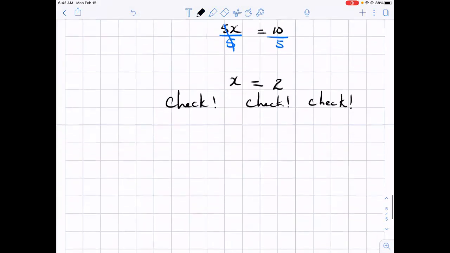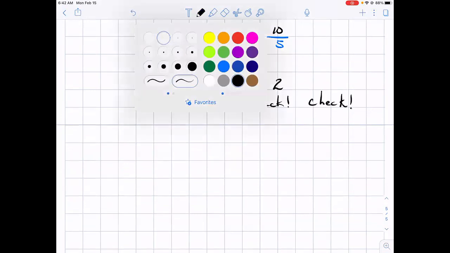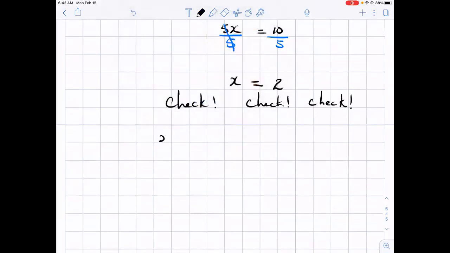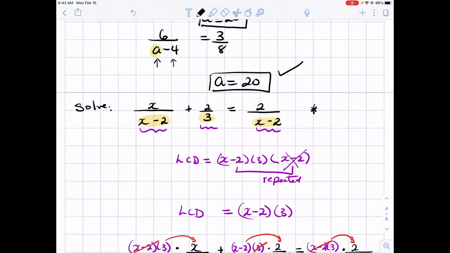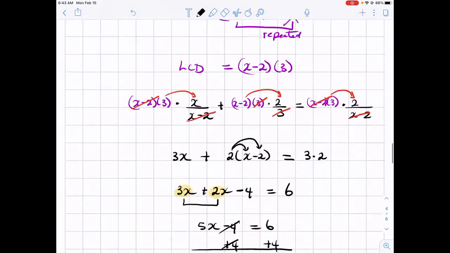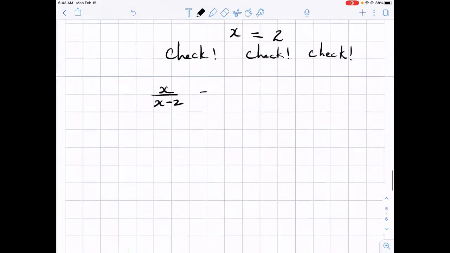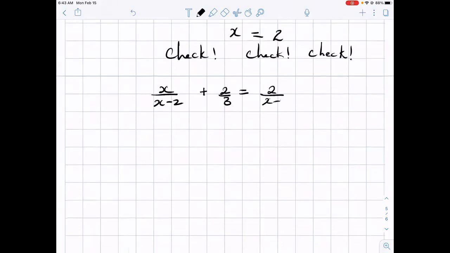Now, remember, the original problem we looked at was x over x minus 2, right? That's the original problem, this problem here, okay? Plus 2 over 3 equals 2 over x minus 2.